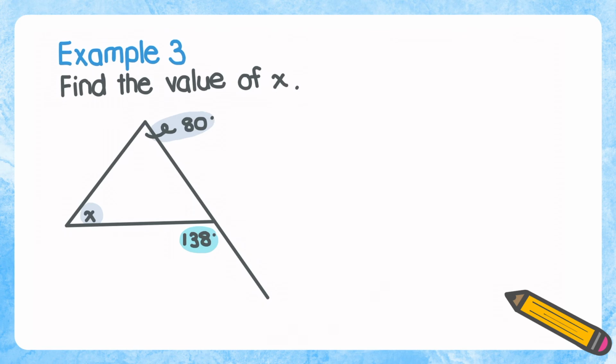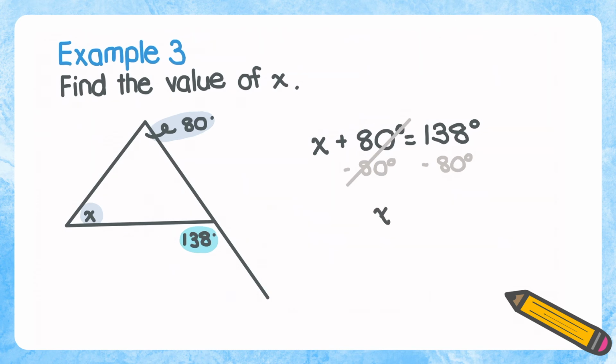Let's set up an equation using the exterior angle theorem. X plus 80 degrees equals 138 degrees. To solve for x, subtract 80 degrees on both sides. This cancels out. We're left with x equals 58 degrees.